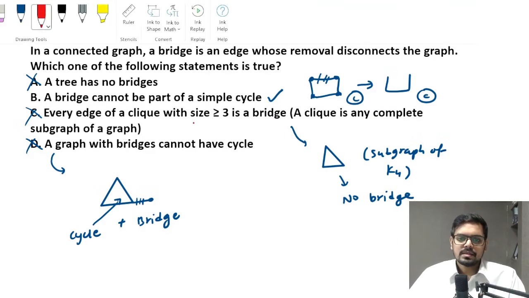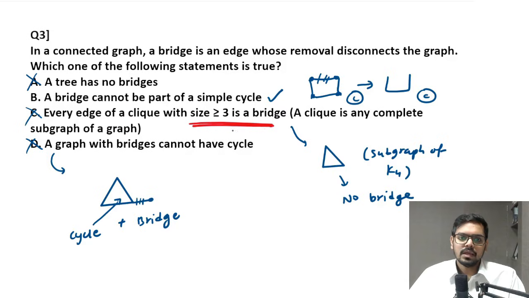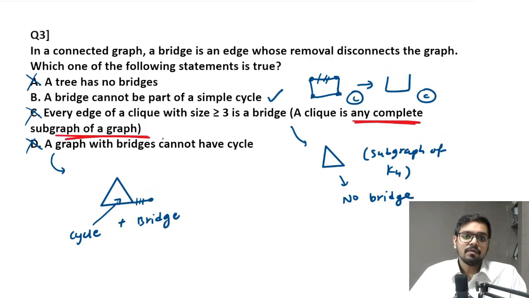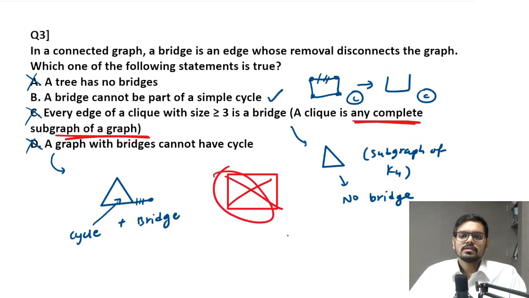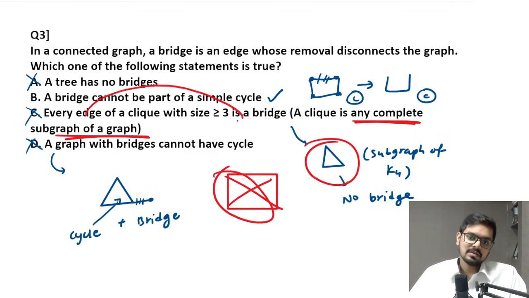Okay, so they are saying if size is greater than or equal to 3, then every edge will behave as a bridge. No, because if you say a clique is any complete subgraph of a graph, if I have this graph and you take a subgraph of this, a triangle, a triangle is a cycle, a cycle will never have a bridge, and you are saying every edge is a bridge.